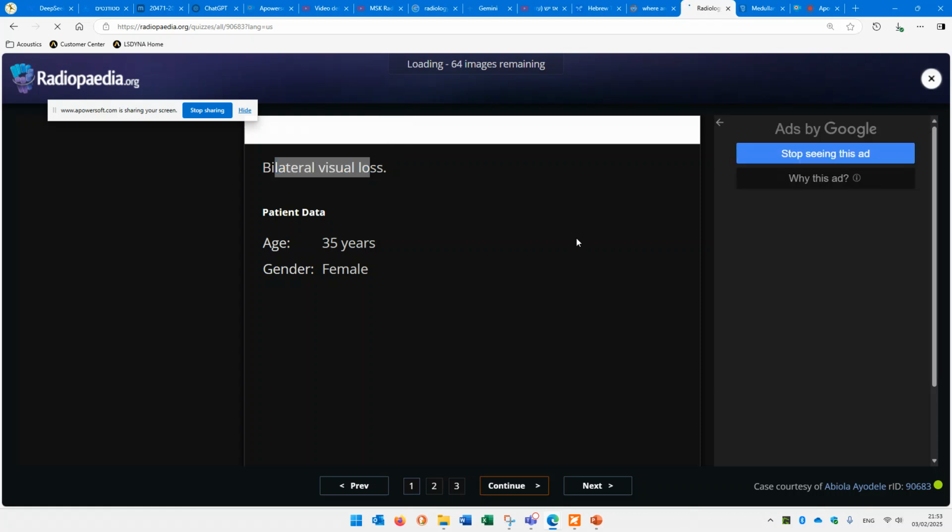Okay, what can it also be? Something that maybe pressure on the chiasm, but it won't do bilateral visual loss. Bilateral visual loss. What can cause bilateral visual loss?